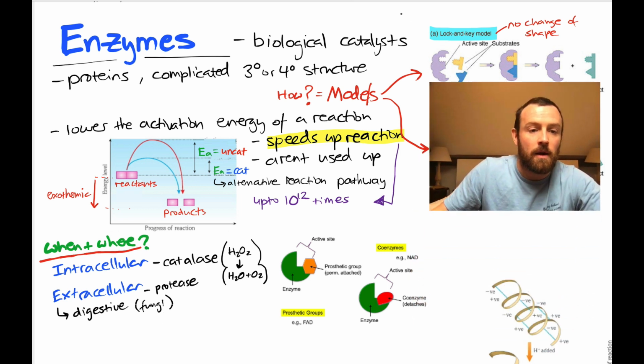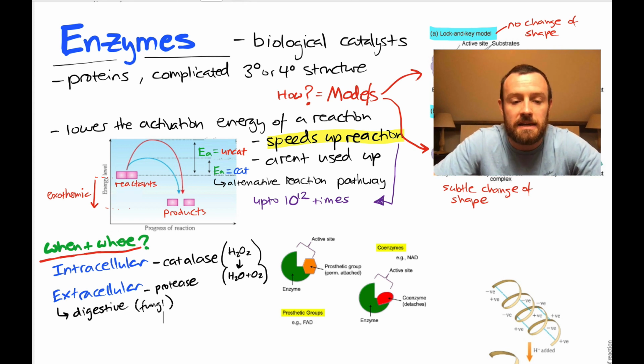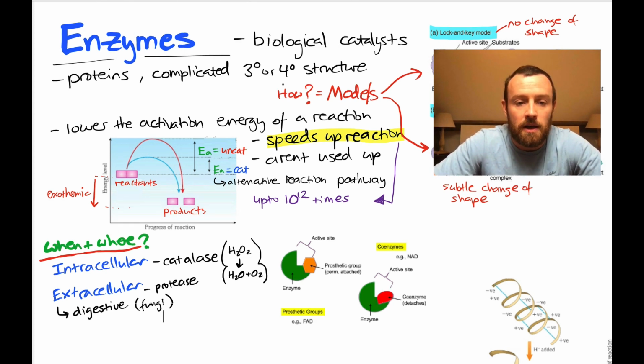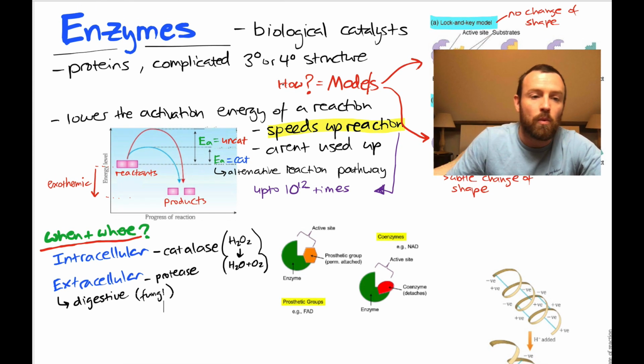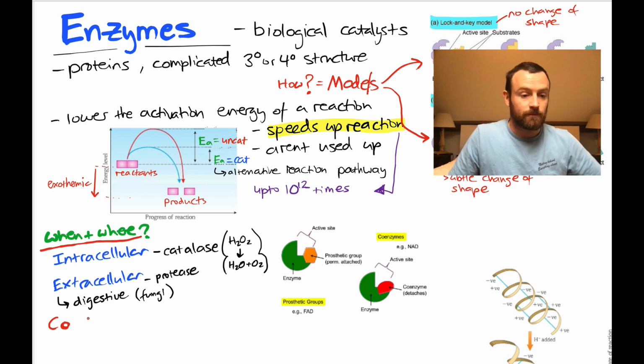The other thing that we need to know is some enzymes need an extra piece to be working. Let's use red. So some enzymes need something called a cofactor.